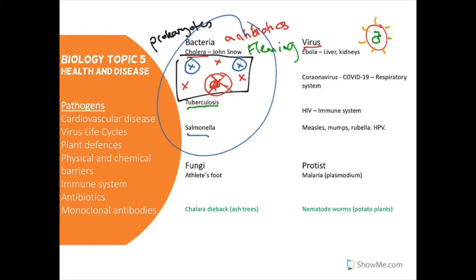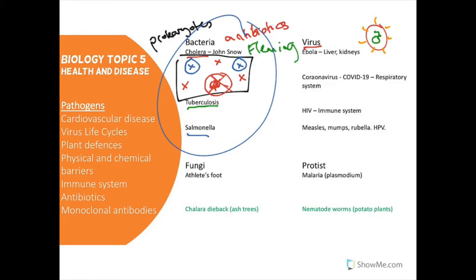Ebola used to kill a lot of people a few years ago, and that used to cause hemorrhaging, bleeding of the liver and kidneys, and that's how it would kill you. At the minute, the coronavirus pandemic is happening, and this causes a disease called COVID-19, which affects mainly the lungs and other parts of the respiratory system.